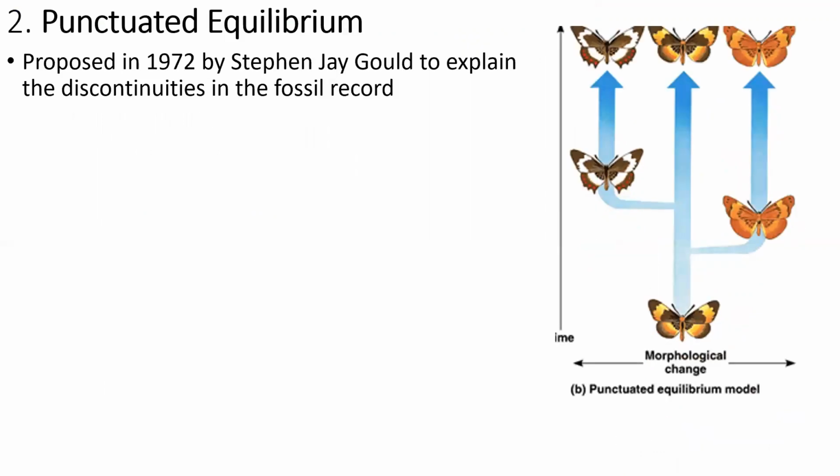Punctuated equilibrium. In 1972, Stephen Jay Gould used this concept to explain discontinuities in the fossil record. Here we have our morphological change, our change in shape. Things are ticking along, and all of a sudden, boom, things tick along, boom. We get this rapid change and no intermediate species in the fossil record.